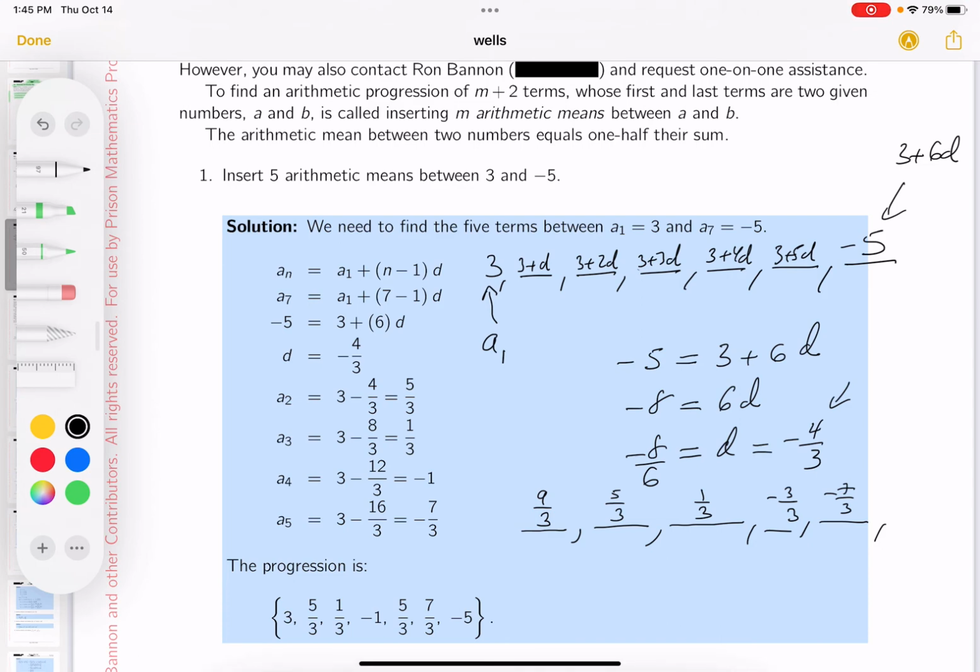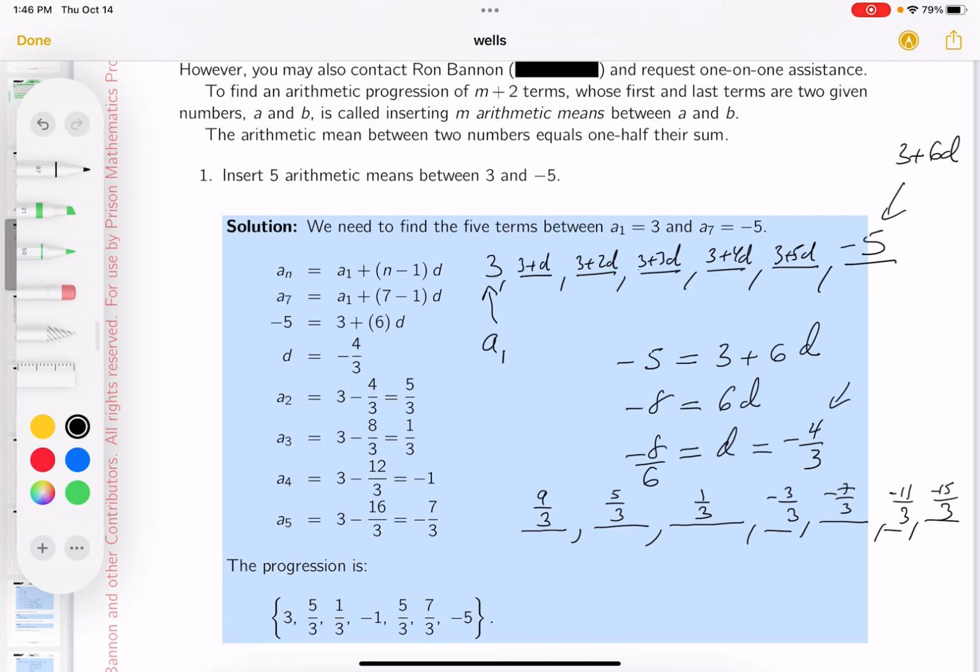Let me see. Did I do something wrong? 9/3, 5/3, 1/3, minus 3/3. Ooh, I made a mistake. Let me see where my mistake is. Minus 5, minus 11/3. I think my answer key has a mistake, by the way. Minus 15/3.